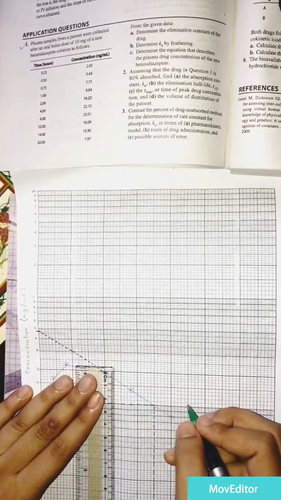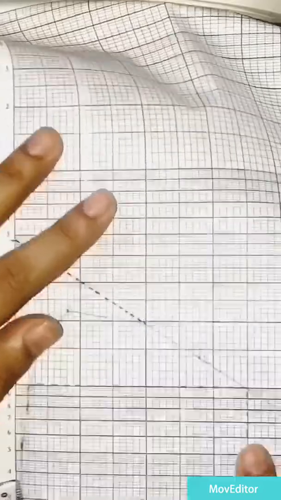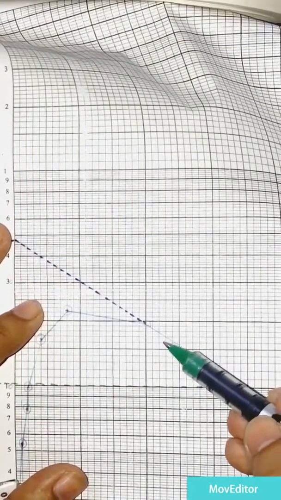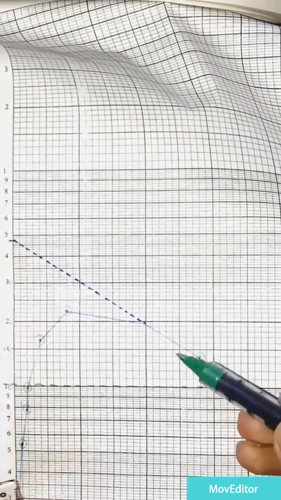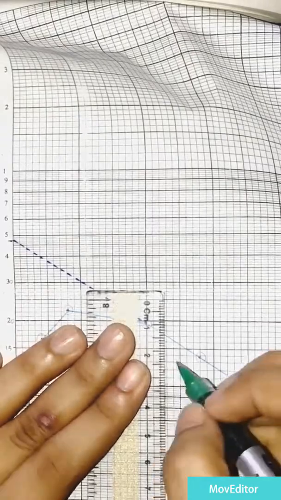Another point I'm taking here, just focus on it. See, the line is at just the junction of this box, so I have decided to take this one so that I can get an accurate reading.